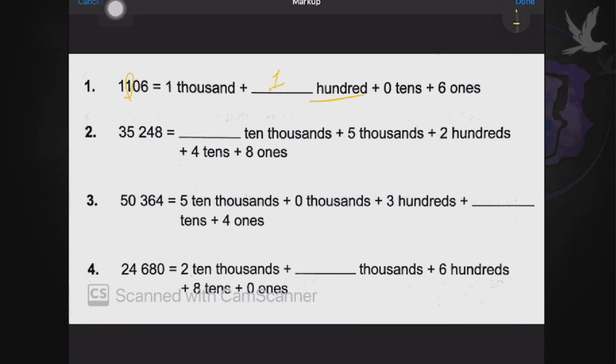So to start with 8, that's ones, tens, hundreds, thousands, 10,000. So the missing value here is 3. Doing the next number, the missing value here now belongs to tens. So you can see that the value of tens is 6. And for our last number, the missing value here is now thousands. So since 4 belongs to the thousands place, all you have to do is just write 4 there.